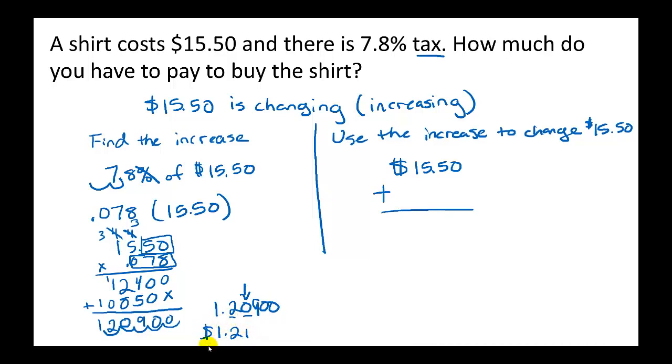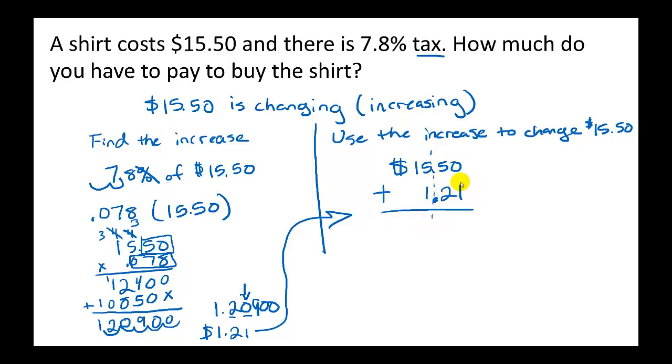That is the tax that we're going to have to pay on our $15.50 shirt. It will go up and be added onto the original price. Over here, we need to have our decimals aligned. So the decimal here means we have 121 right there.